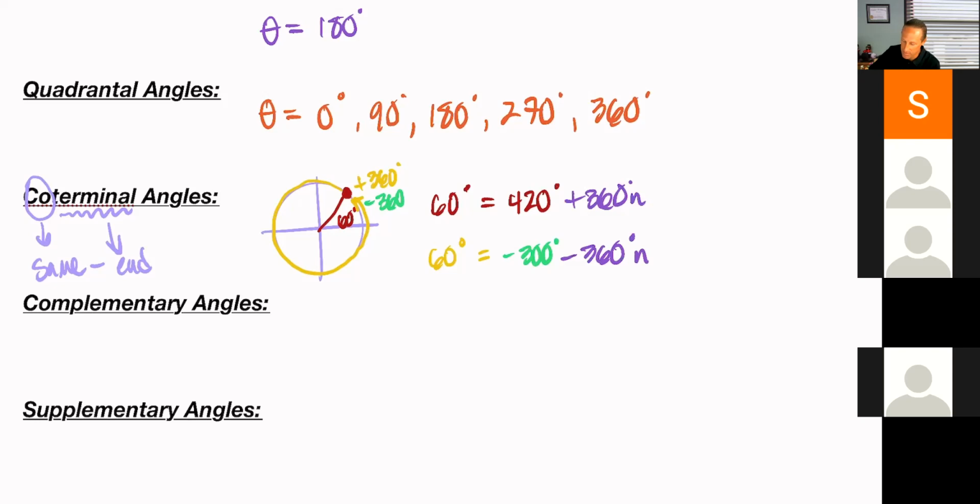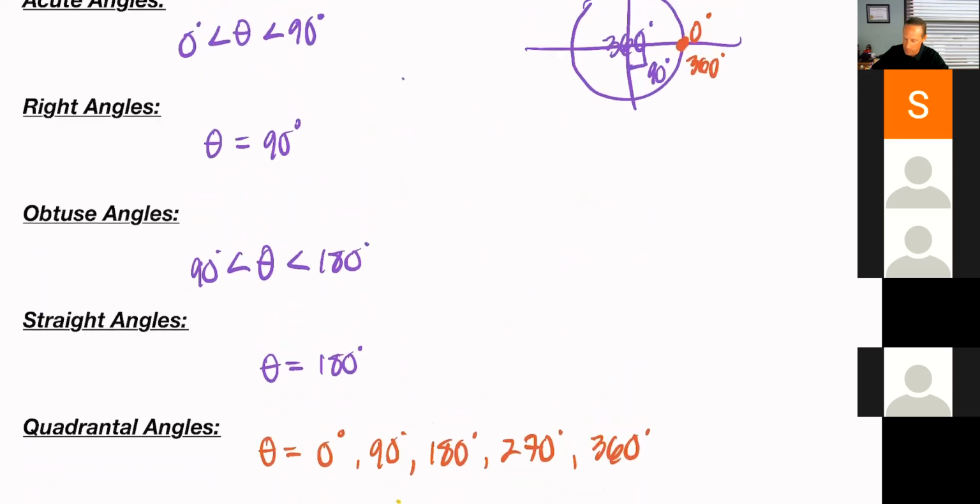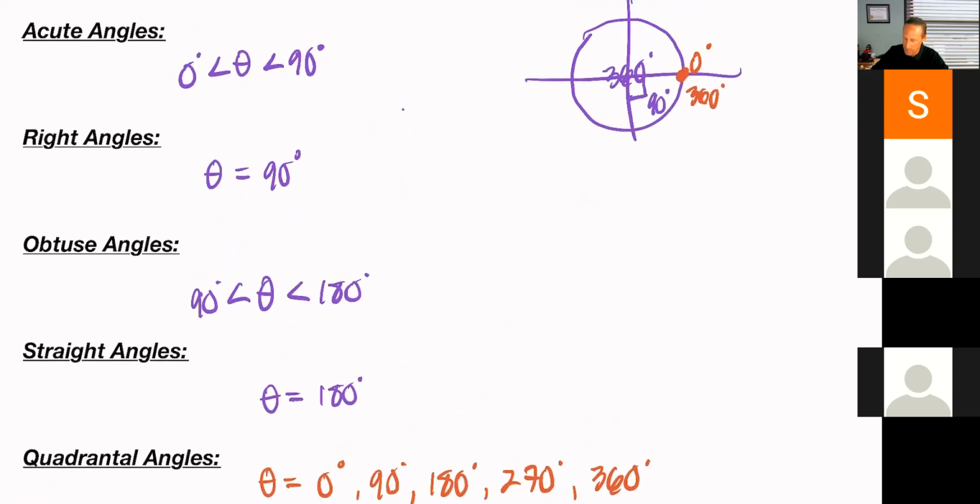Now, last thing you guys may be familiar with is complementary and supplementary. Do you guys remember this from geometry way back when? Yes. Remember the key things that we talked about up here, if you notice on all those angles we classified, was what did they all have in common?